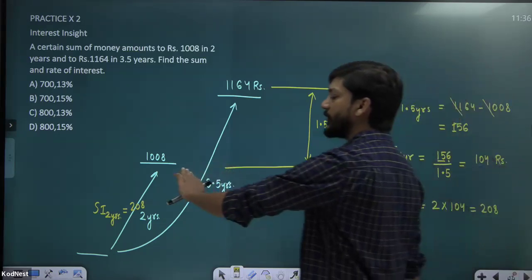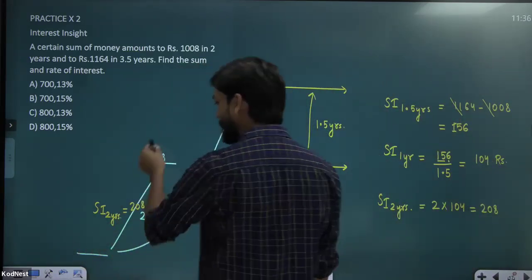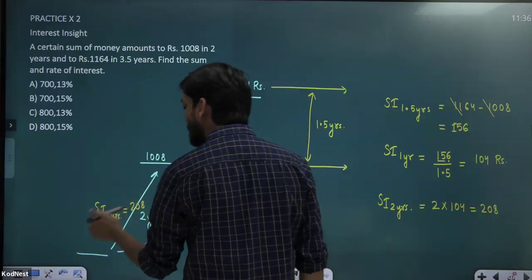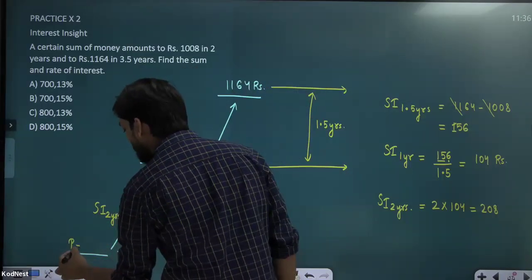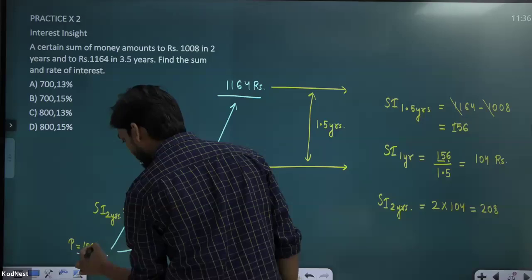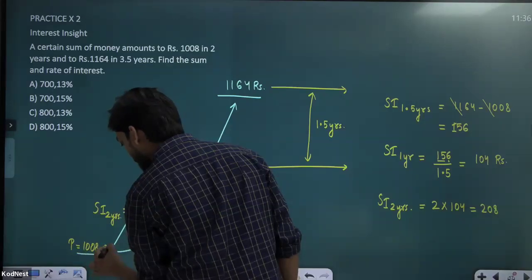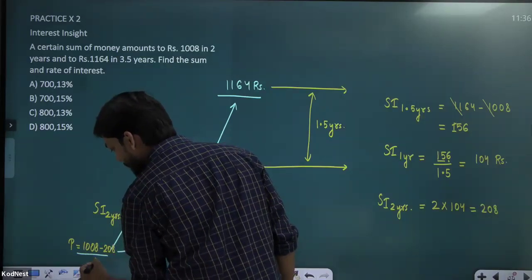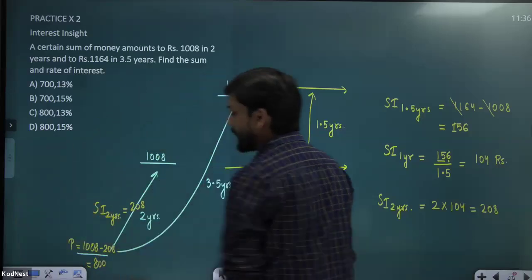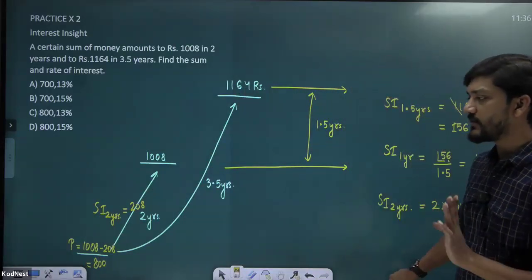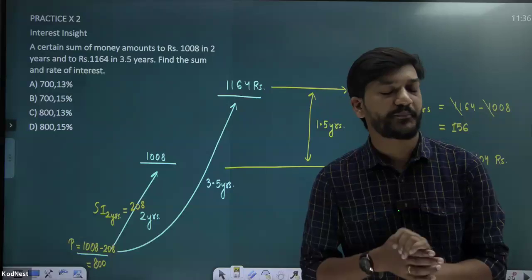And now you want to find your starting balance. So subtract it. 1008 minus 208 will be your principal. All right. So 800 rupees is your principal that is guaranteed.